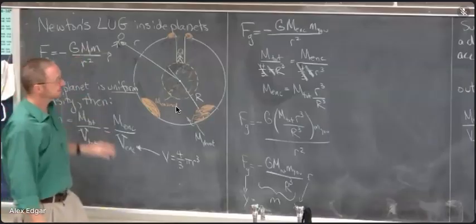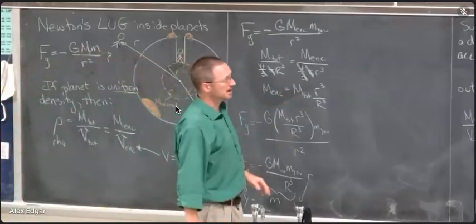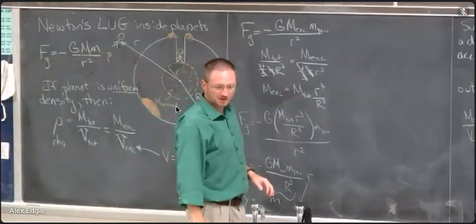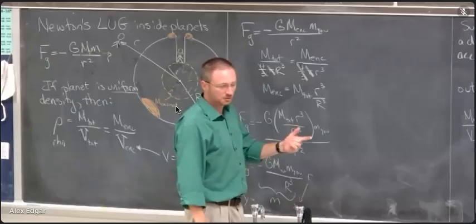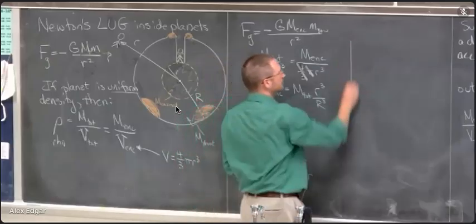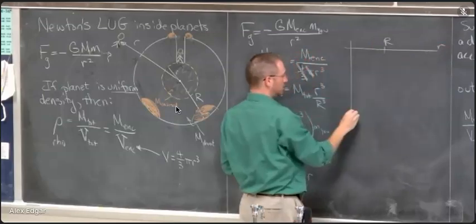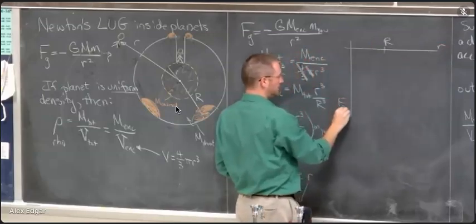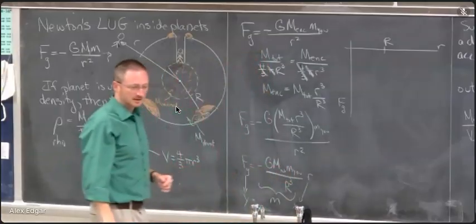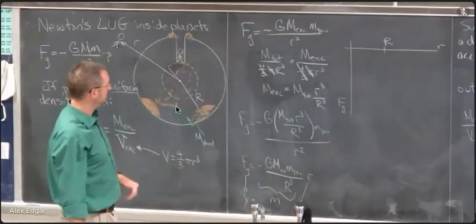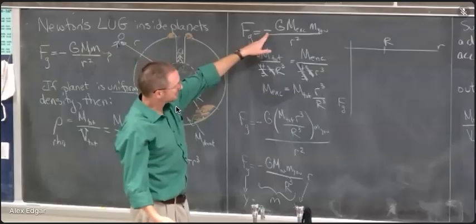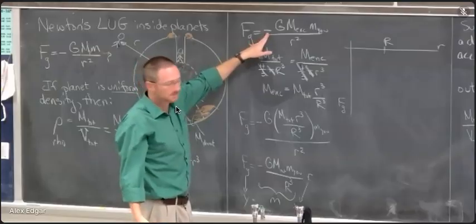So when we make a graph of this, and we'll come back to making a graph for the next example where we have a non-uniform density planet, we have R, the big R, and the force of attraction between them. We're making this a negative graph because, since it's attractive, it's going to be a negative force.